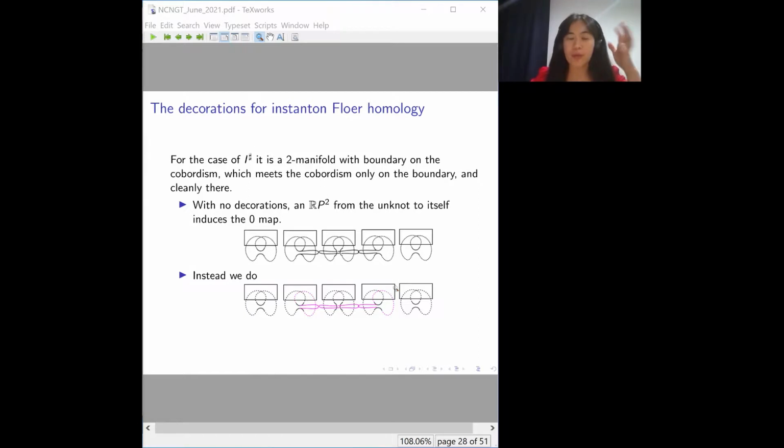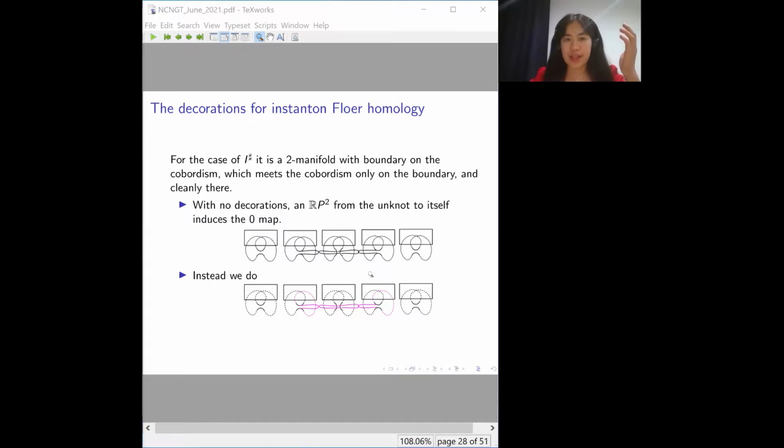That's already a problem, because what our argument is trying to do is count factors of P in the maps induced, and if the map is zero, then that makes everything useless.